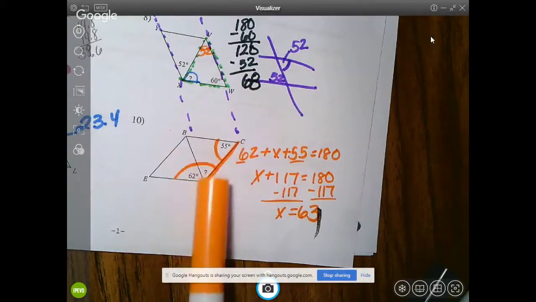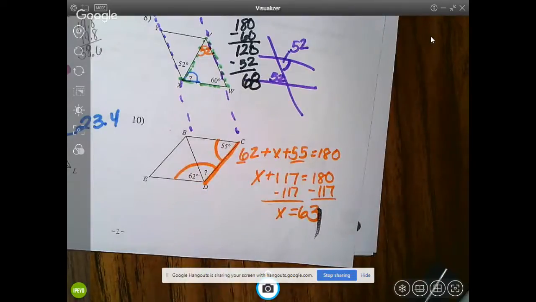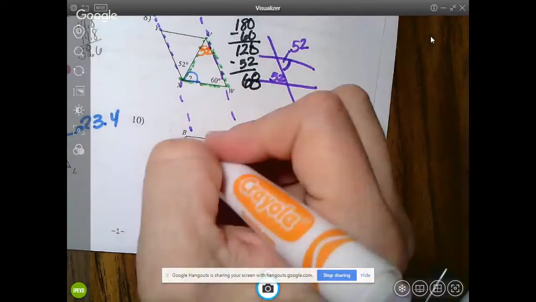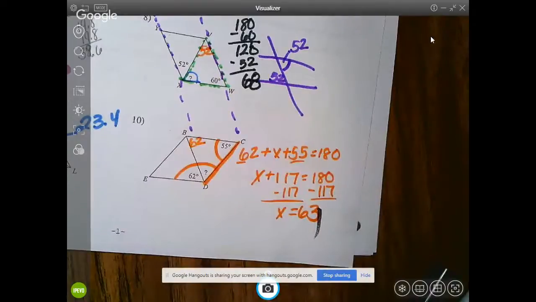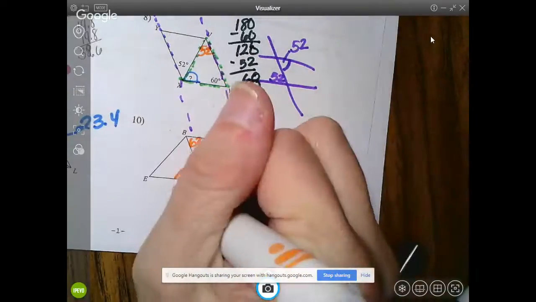Yep. That means 62 would be the degree angle right there up in the corner between the B and C. So that means I just add them two together. Yep, and I do 180. You can do it that way. Good job. Is it because of number 3? That's because of number 8. Oh, it's because of, yes, number 3. Yep, the reason is number 3.